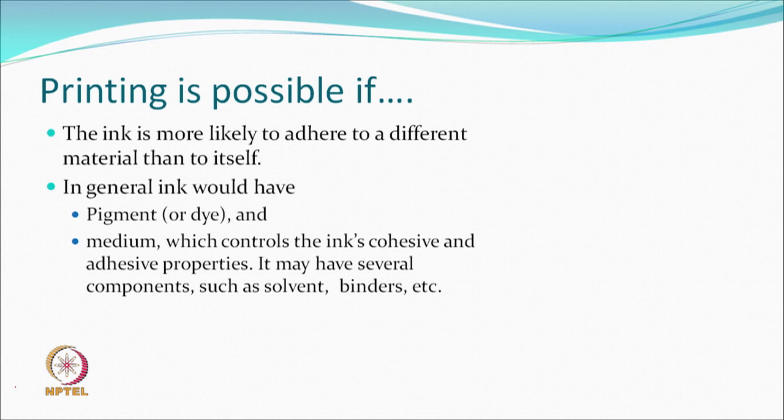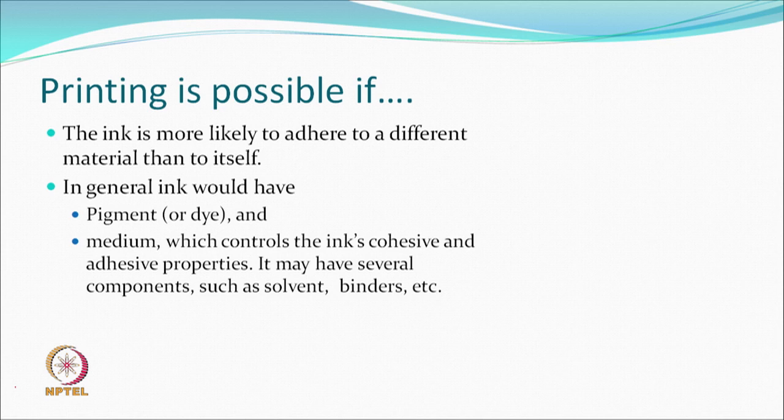So, we do not have any doubt that printing is possible only if the ink is more likely to adhere to a different material than to itself. In general, ink would have a pigment or a dye, which of course is what is needed, and there is going to be a medium which controls the ink's cohesiveness and adhesiveness.